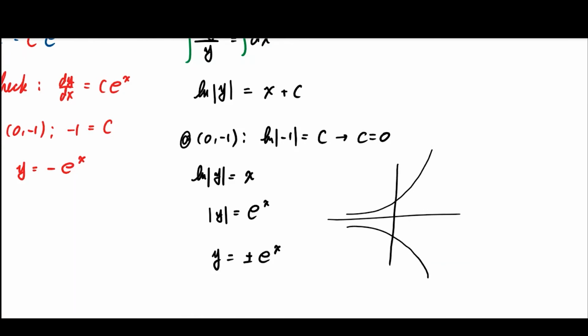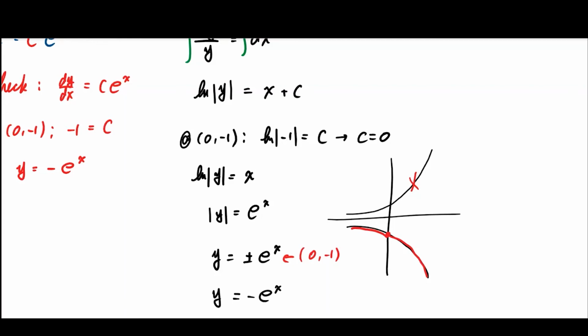Which one is it? -1. How do you know it's a -1? Because y is -1. Well, yeah, the initial value, that one, bang, that one picks this one, right? And not that one. So the initial value comes into play again. So what we have is y is equal to negative e to the x.